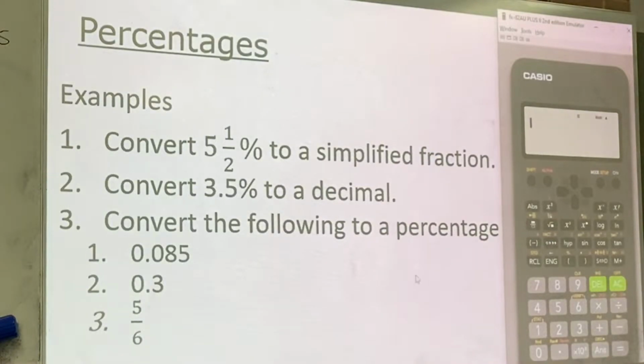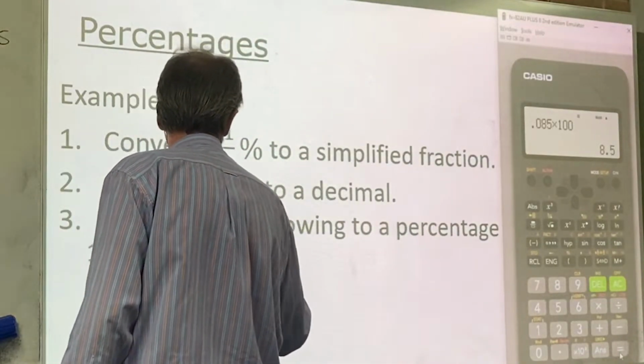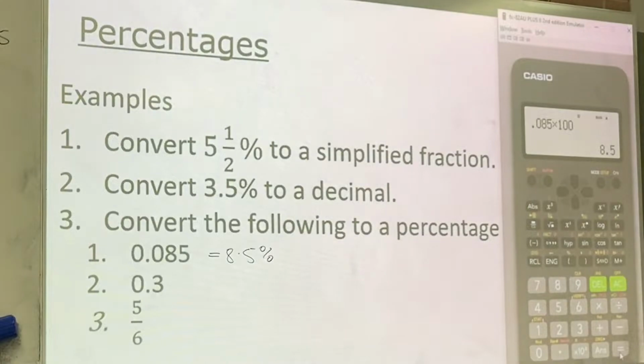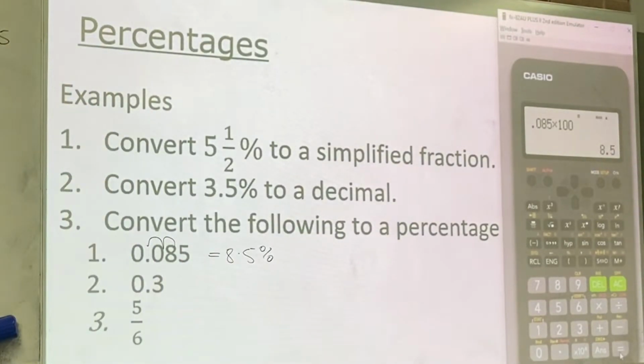I take 0.085 and then I multiply by 100. Okay, let's press equals, and it's 8.5%. All I've basically done is move the decimal point 2 places to the right.